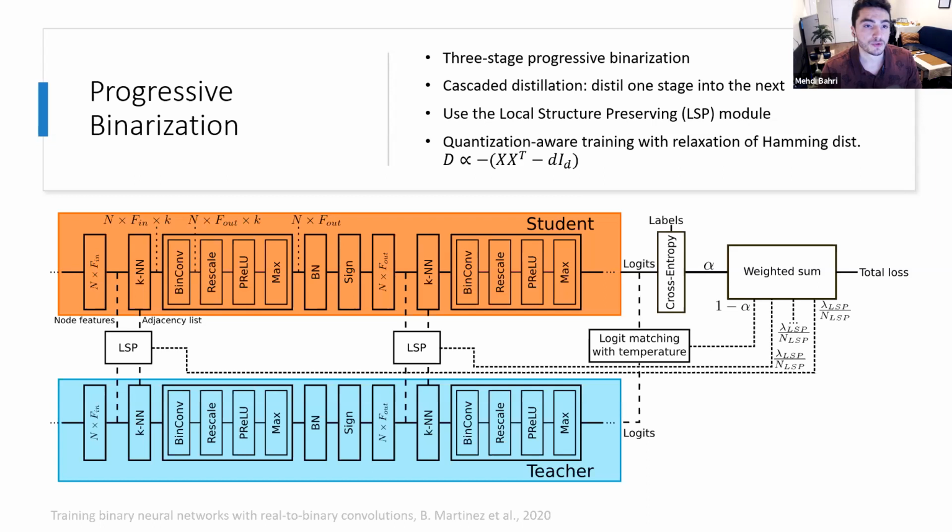And we also proposed a relaxation of the Hamming distance to do quantization-aware training to compute the GNN between binary graph vectors, using this expression here, which ensures that we have a well-defined gradient. Because just like the sign function, the gradient for the Hamming distance is ill-defined, so it is problematic for training.